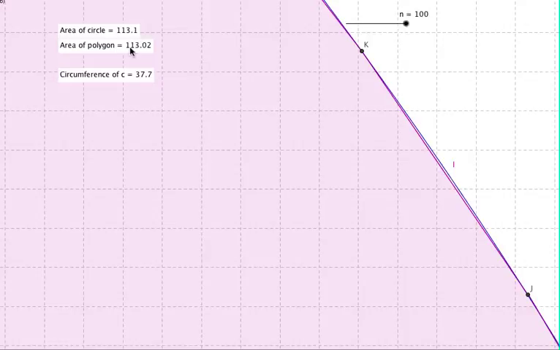And that's why, going back to the area here, we have such little wastage now that you couldn't even cut that off with a pair of scissors, right? So as you get a bigger and bigger number of sides on a polygon, it becomes more and more like a circle. And that's what I wanted to demonstrate in this short video. So there you go. I hope you've enjoyed that explanation.